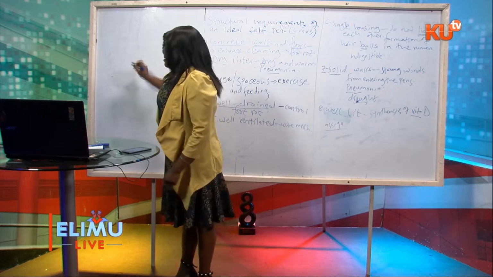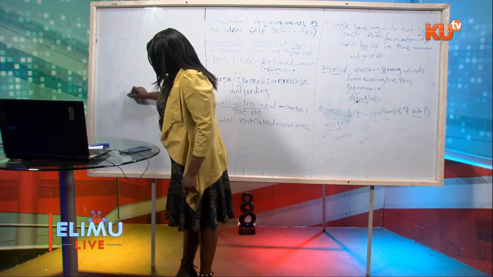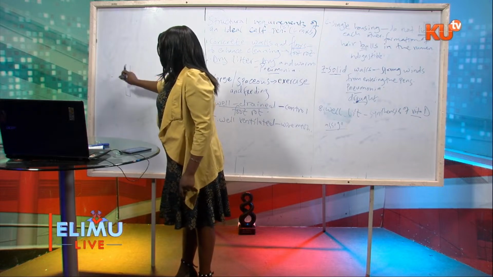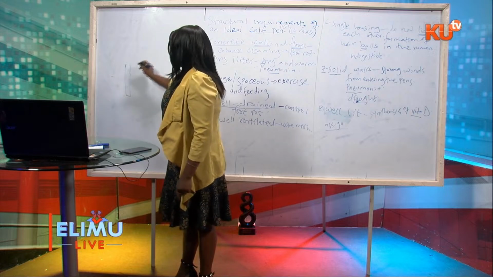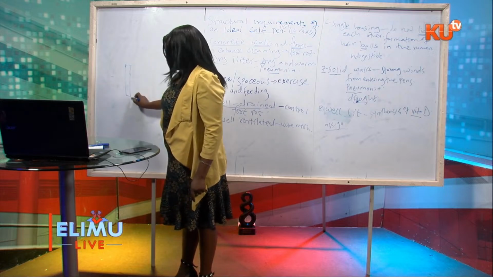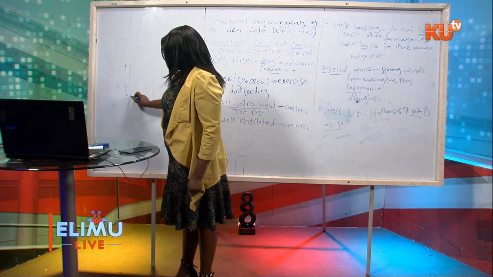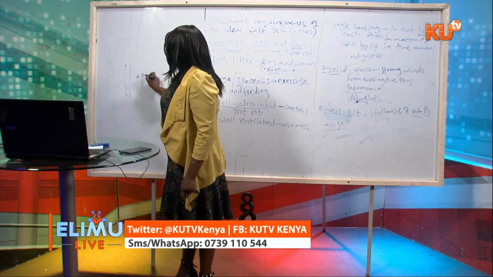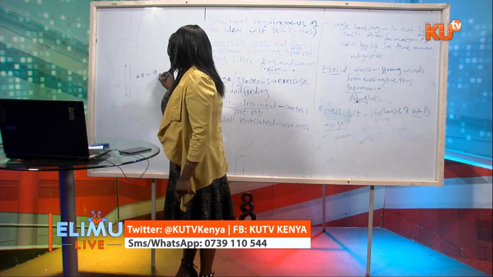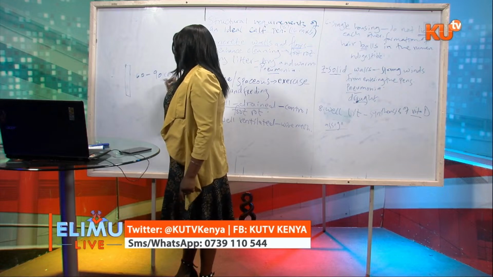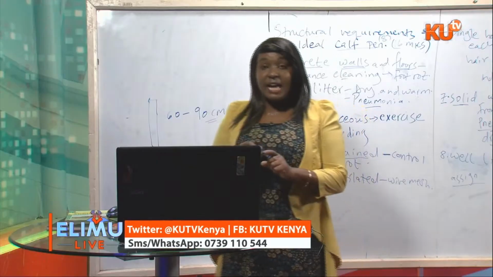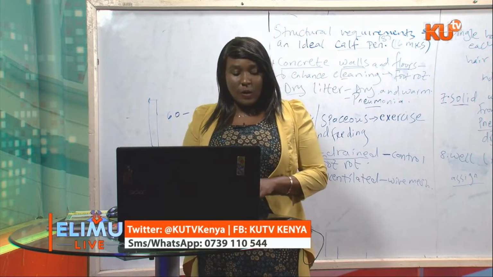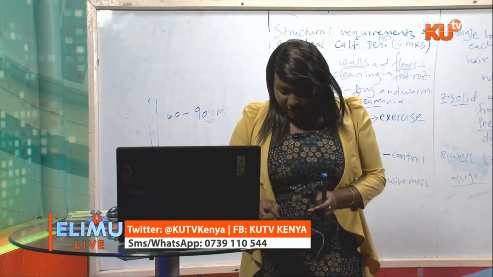If you are planning to build a raised calf pen, especially a permanent raised one, you should raise it from the ground. The four posts should measure a height of between 60 and 90 centimeters. That is the ideal height for a raised calf pen, the one that we said has slatted floors. Thank you very much, that is a very good question.